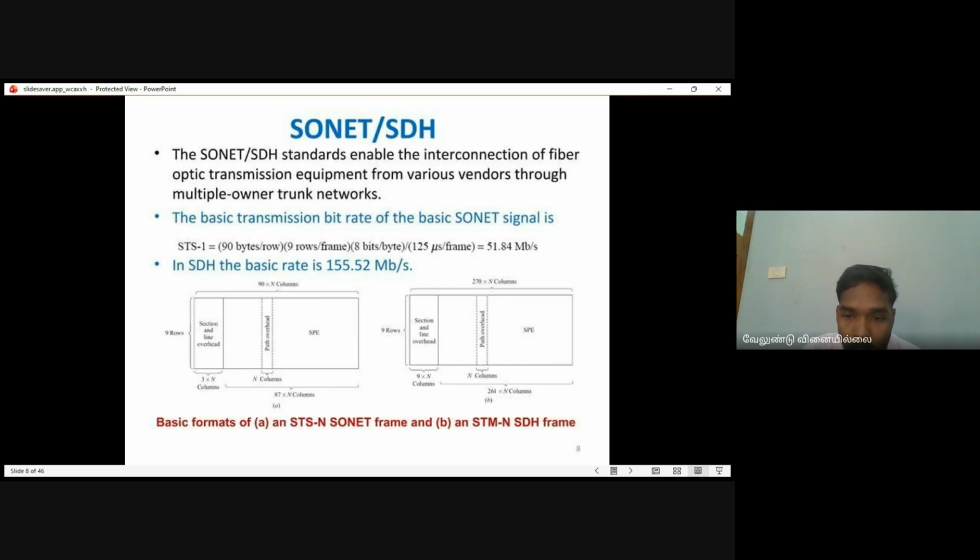Of these, 3 times N columns are dedicated to section and line overhead, and the remaining 261 times N columns are a combination of the SPE and path overhead. So this is the structure of SDH and SONET.